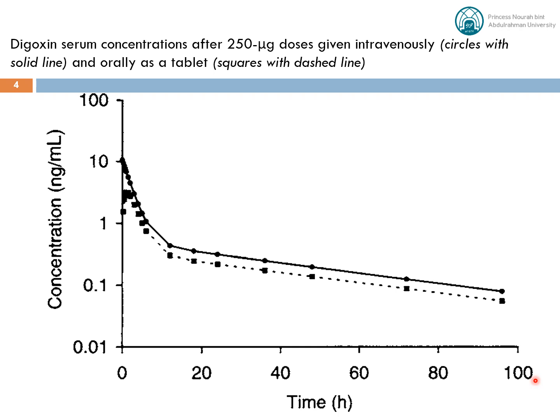If we multiply 12 by 5 half-lives, the time to achieve steady state concentration, it will be around 60 hours. Look at this. This is the concentration in the plasma, in nanograms per milliliter. This is the plasma concentration, not the dose. The dose is in micrograms.